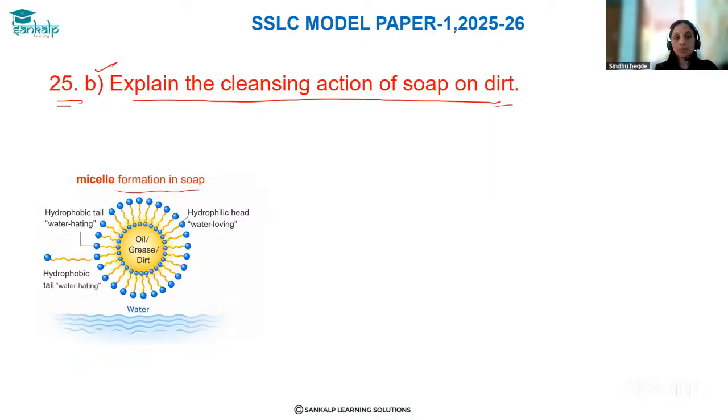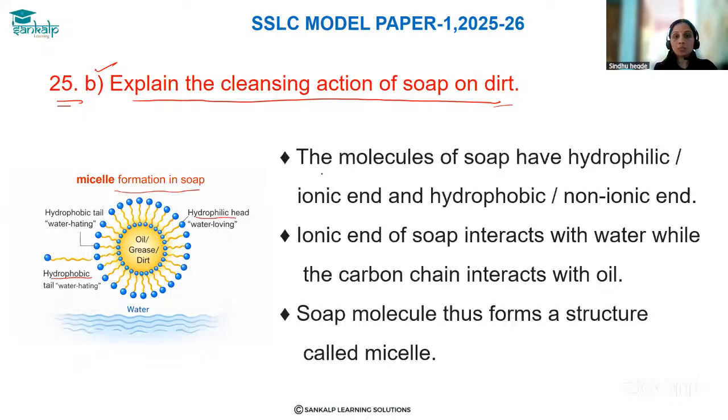See, mainly it contains hydrophilic and hydrophobic ends. The molecules of soap have a hydrophilic end, this is also called the ionic end, and a hydrophobic end, this is also called the non-ionic end. First of all, the molecule of soap has two ends.